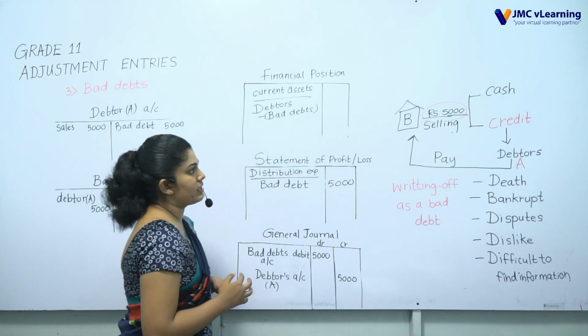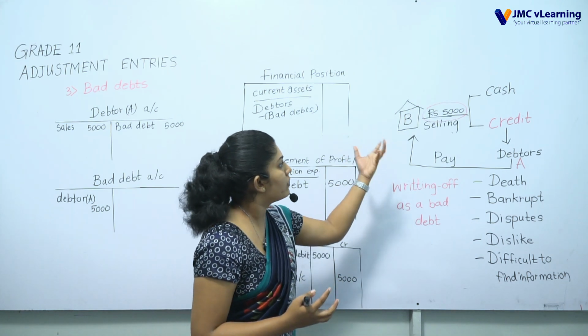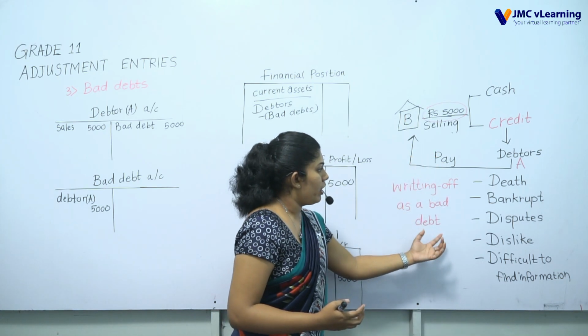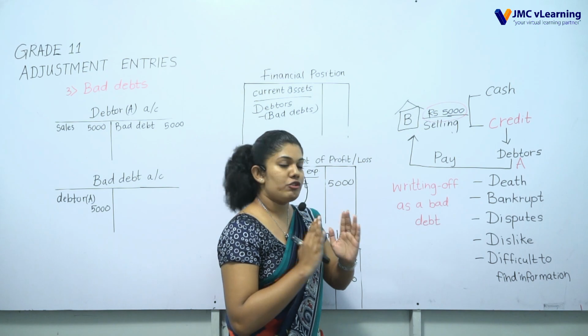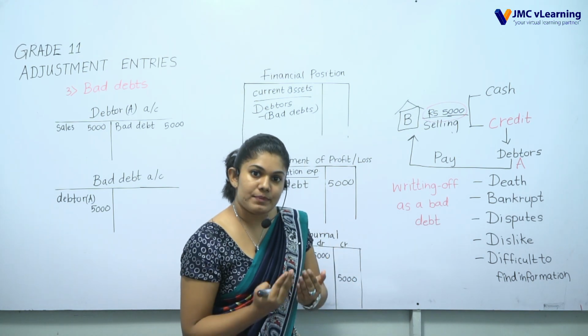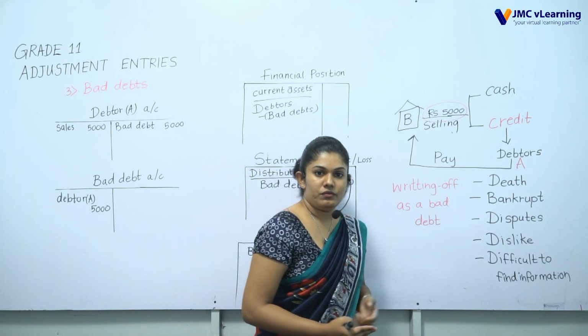So bad debt originates as a result of doing credit sales. When the debtors are unable to pay, we have to identify that amount cannot be recovered. Therefore, we have to make necessary adjustments, and we are calling that writing off.